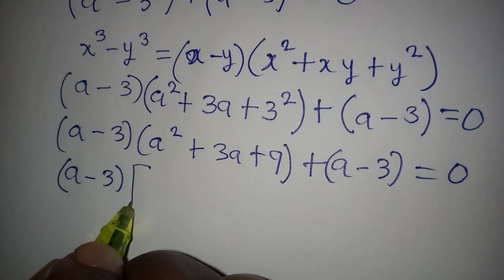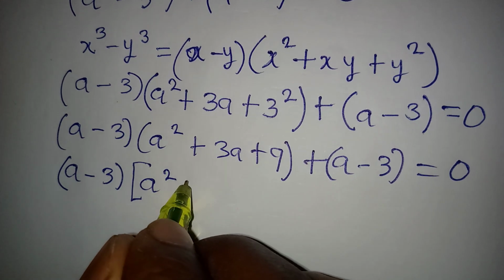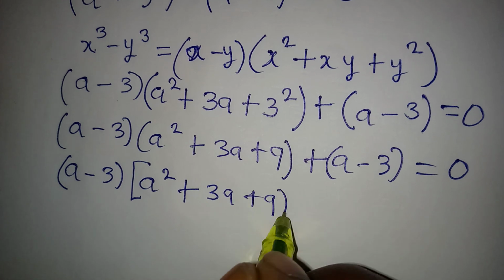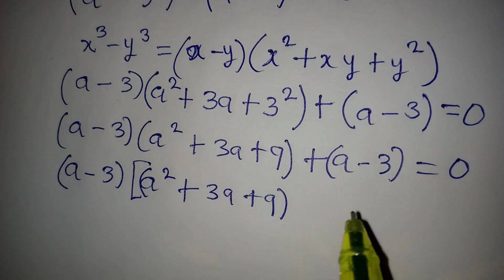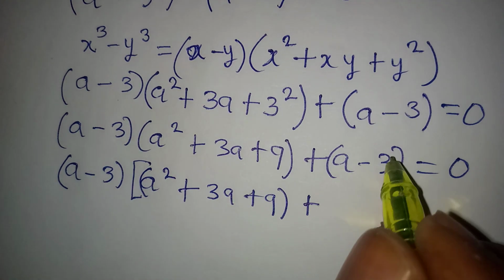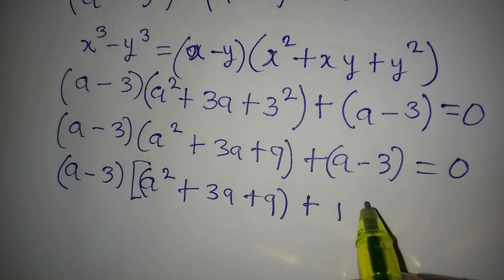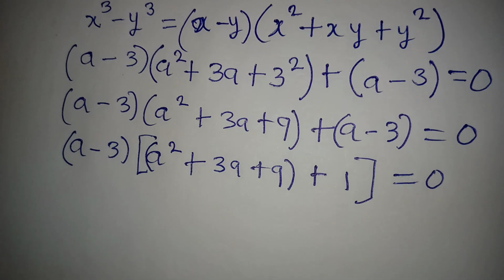Then in here, I will have this, which is a squared plus 3a plus 9. Okay, this is what we have in there. And then plus here, the whole of this has come out, but 1 will be left over since we are dividing. Then we close this and equate it to 0.